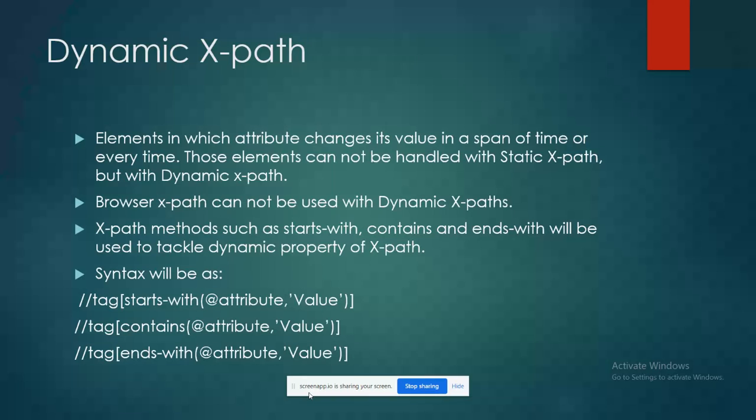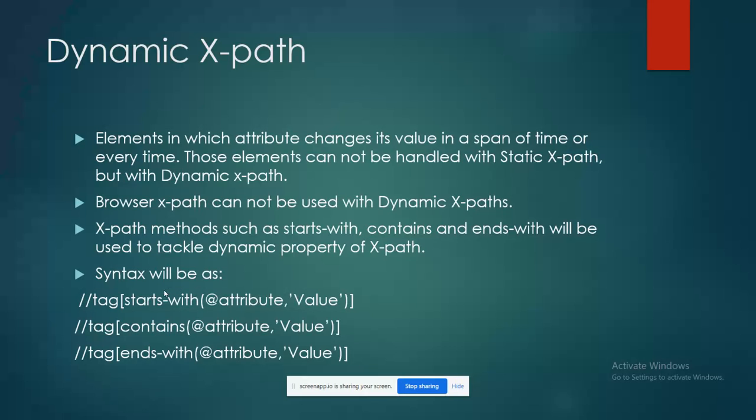There are different methods available in XPath: contains, starts-with, and ends-with. The syntax can be double slash tag, then starts-with, the attribute name, and the value. The attribute here can be ID, name, class, or any kind of attribute present in the tag.